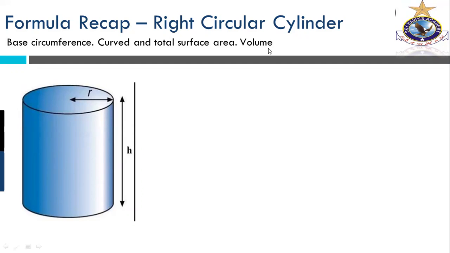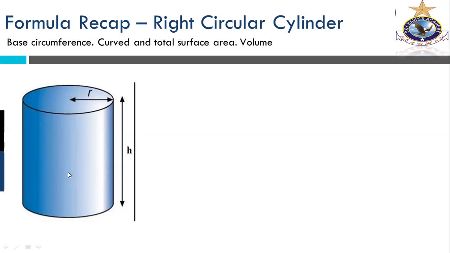Look at this diagram. We can clearly see the base circumference shown over here, and the curved and total surface area, this is the curved area all around that cylinder, and the volume, the space available inside this cylinder. Are you getting this? Are you with me? Yes, yes. Okay, now let's see.